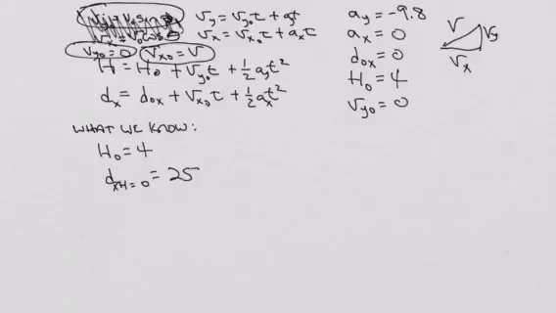Then we have the equations that say the velocity in the y direction is equal to the initial velocity plus the acceleration times t. Well, this part goes away because it had no initial velocity in the y direction.